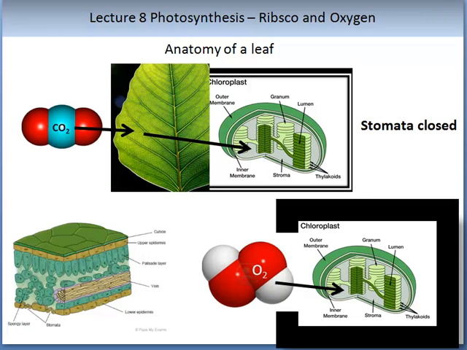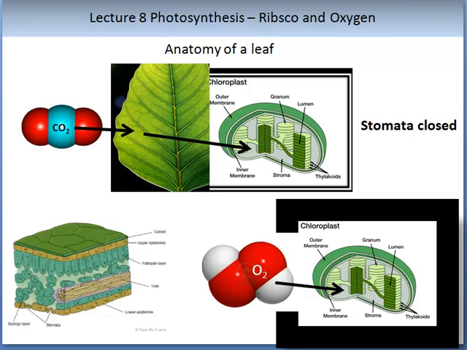This can cause an issue, as oxygen is capable of binding to the enzyme Rubisco, the same as carbon dioxide is capable of binding Rubisco. If oxygen combines to the Rubisco enzyme, it is no longer able to function.